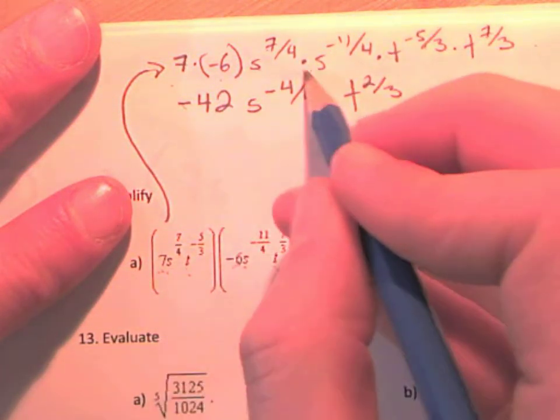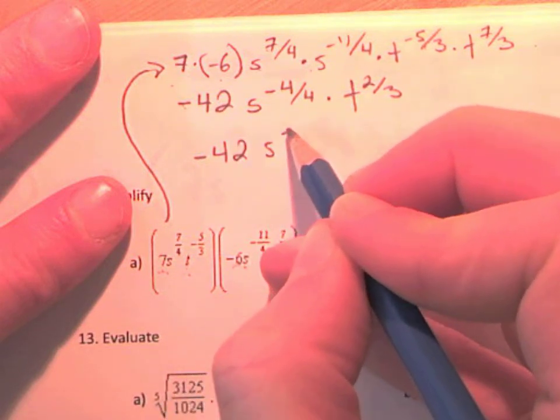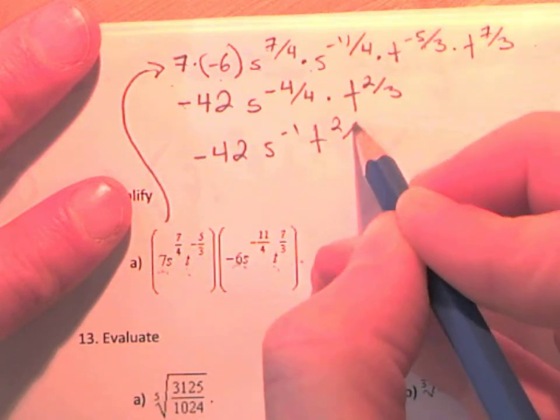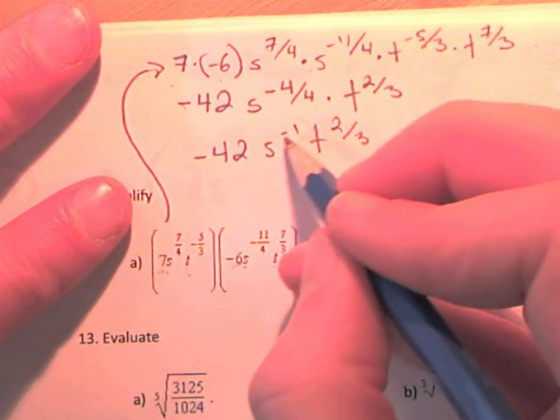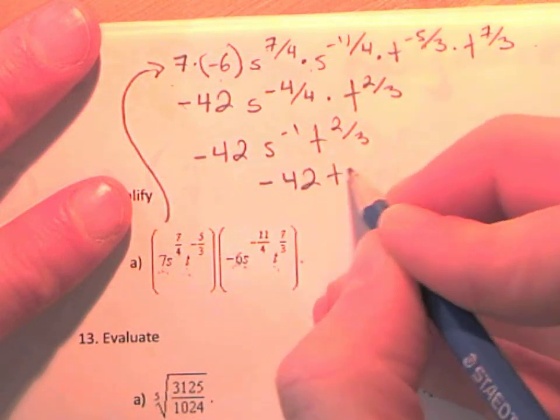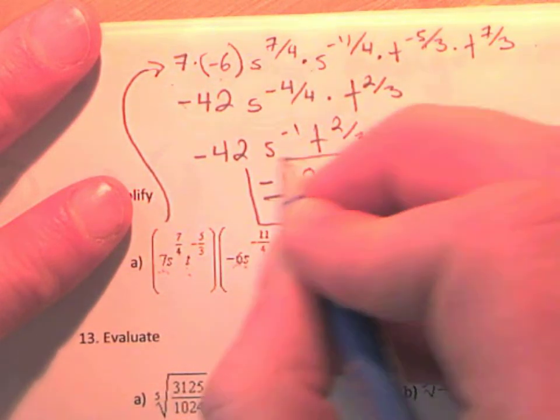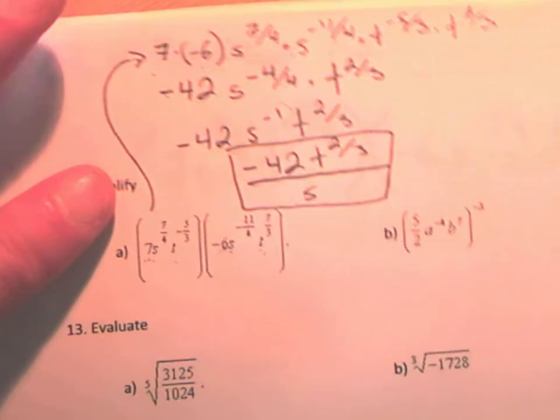So overall, if I can simplify this part, -42 s to the -1 times t to the 2/3, which ends up being a negative exponent, which has to go on the bottom. So -42 t to the 2 over 3 all over s. So that's the answer for that one. That was a tricky one.